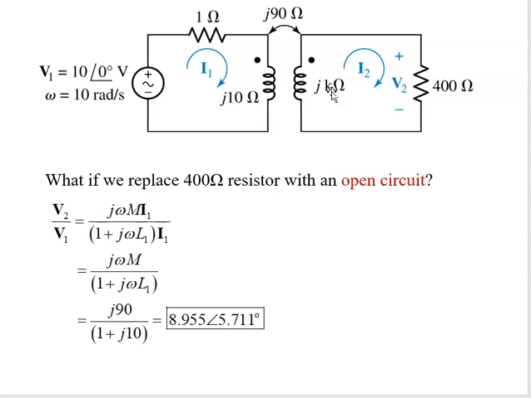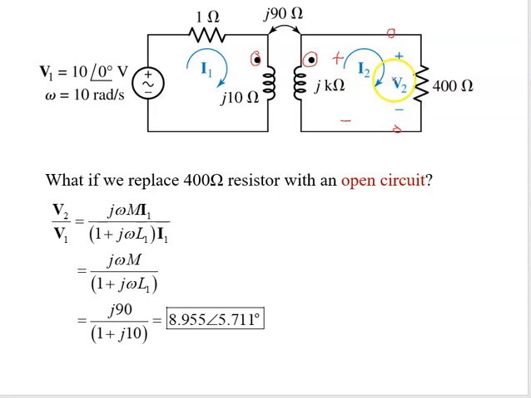If we replace it with an open circuit, then our V2 is just j omega M I1, right? We just have the mutually coupled voltage, which is in this direction. I1 flowing into this positive terminal is creating it, since this is an open circuit.